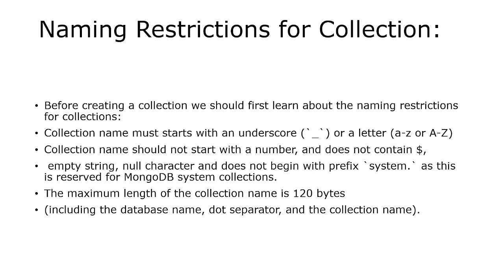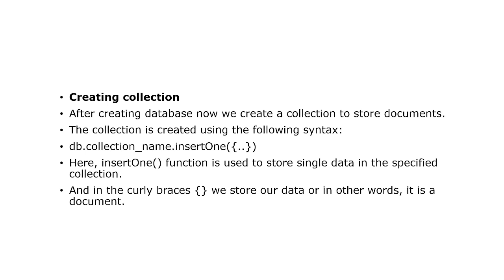It cannot be an empty string or contain the null character, and it does not begin with the prefix system. The maximum length for the collection name is 120 bytes, including the database name, dot separator, and collection name, whatever it may be.